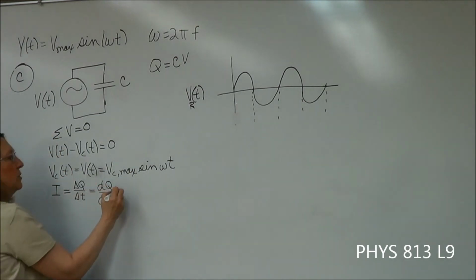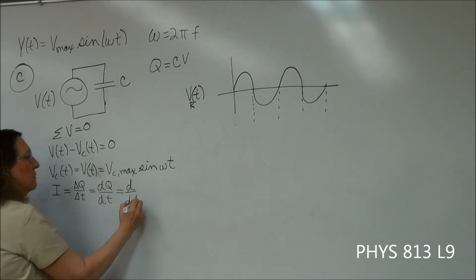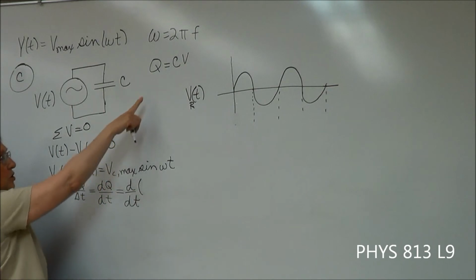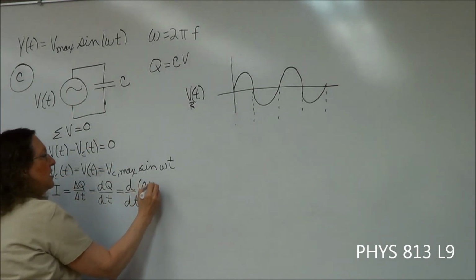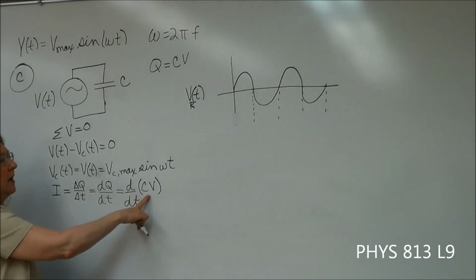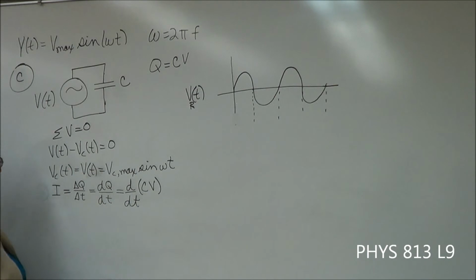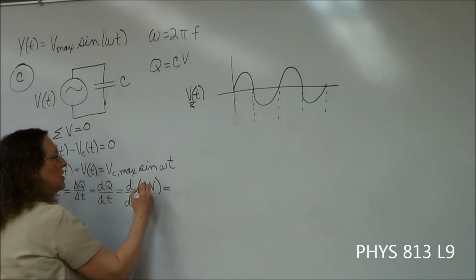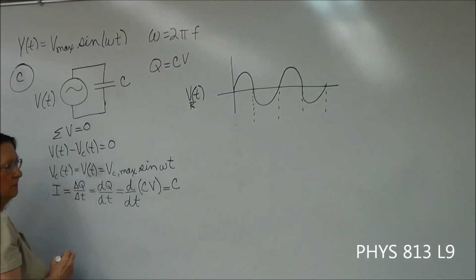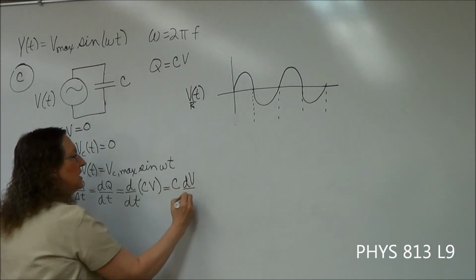So what we want to do here is the derivative of the quantity C times V. Now, you should recognize C is the capacitance of the capacitor. That's a constant. So if you're taking the derivative, you can bring the constant outside, and then you have C times dV dt.